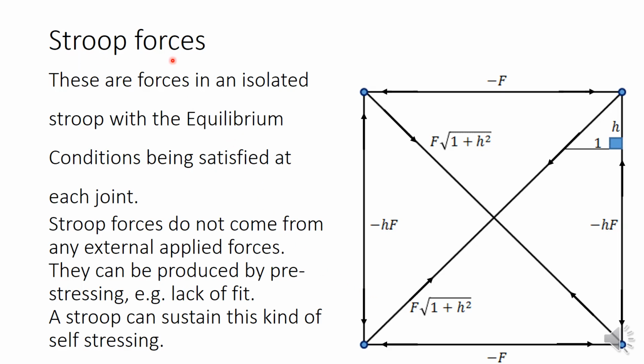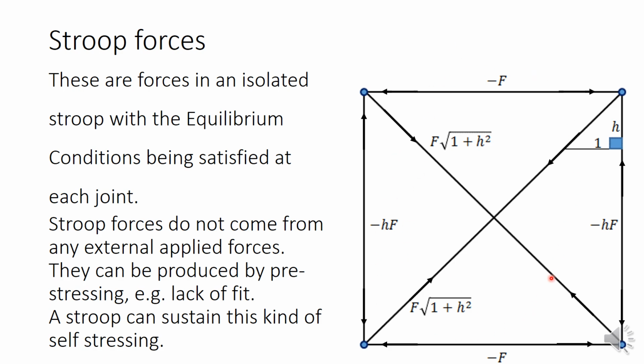Now we consider Stroop forces. These are forces in an isolated Stroop with the equilibrium conditions being satisfied at each joint. Stroop forces do not come from any external applied forces. So these are forces in an isolated Stroop.